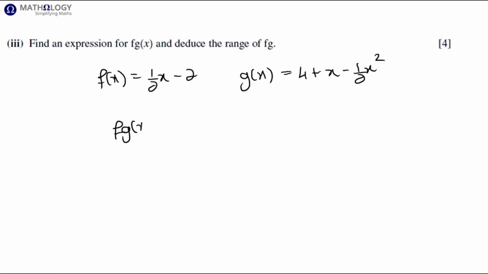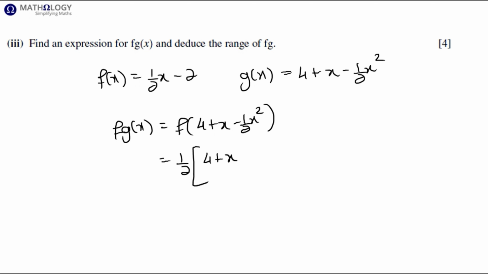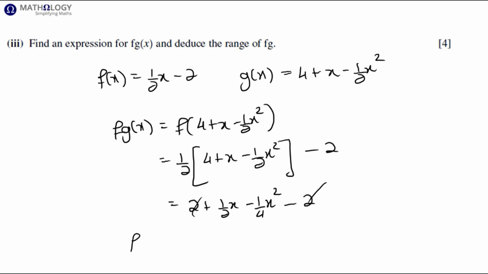Therefore, f of g of x equals f of 4 plus x minus a half x squared, which equals a half times 4 plus x minus a half x squared, minus 2, which equals 2 plus a half x minus a quarter x squared minus 2. So f of g of x equals a half x minus a quarter x squared.